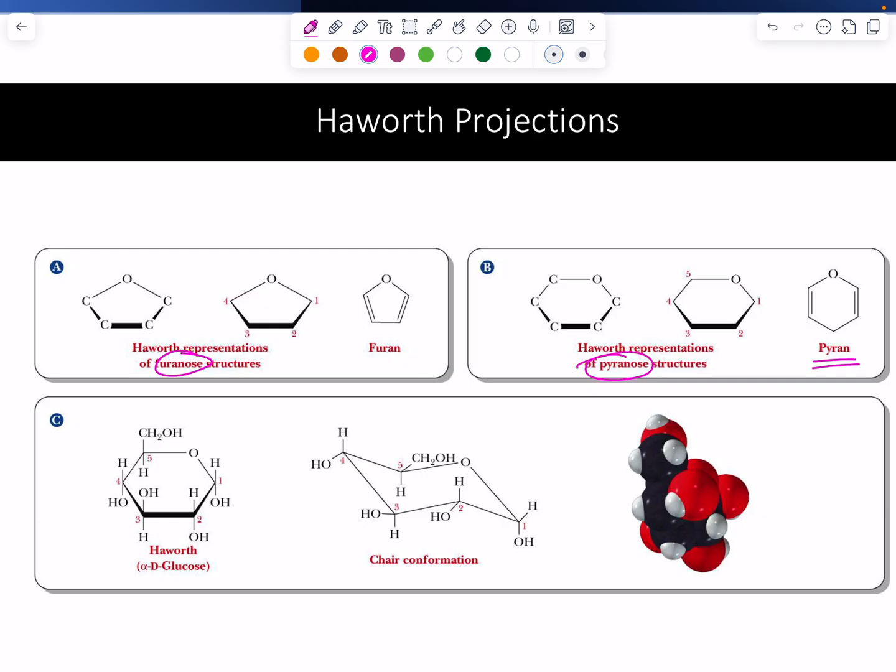So remember that our hemiacetal or hemiketal that's formed is always capable of reopening and recyclizing, and you not only will get mutarotation and changes between your alpha and beta isomers, but you can go from a pyranose form to a furanose form.